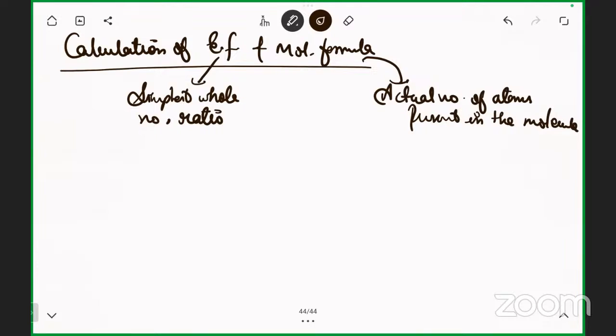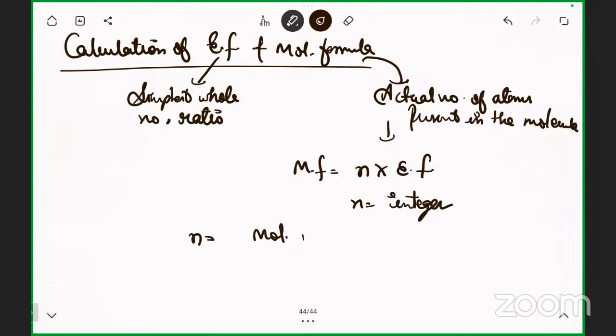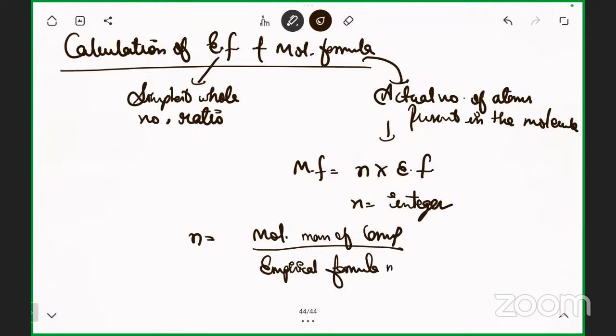For calculating the molecular formula from the empirical formula, we'll use one formula: molecular formula is equal to n into empirical formula, where n is an integer. How will you calculate n? It will be the molecular mass of the compound divided by the empirical formula mass of the compound.